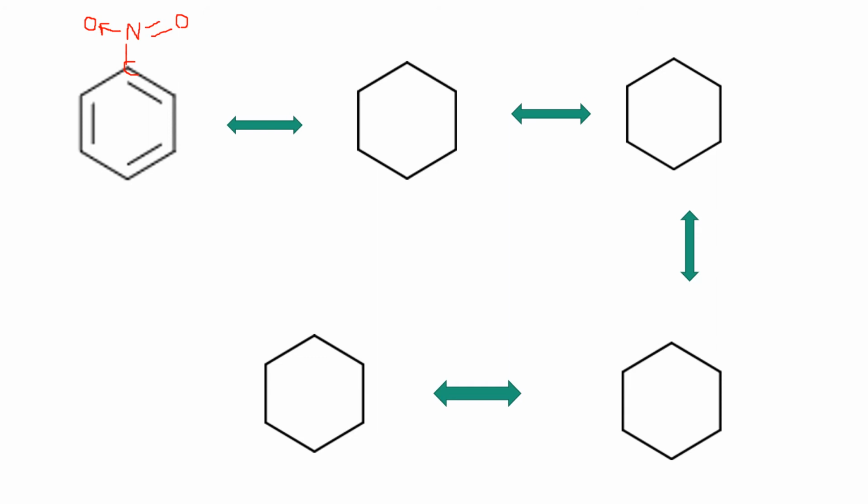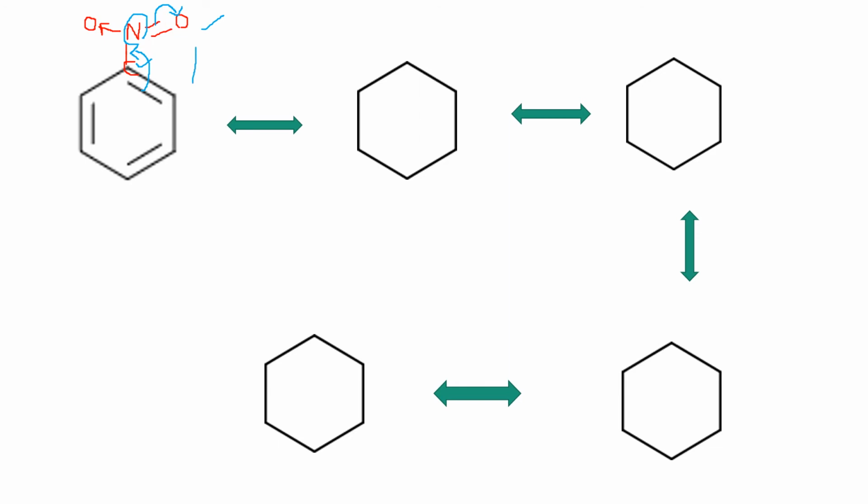So for that you have to see the atom which is attached to carbon of benzene, and further it is attached to which particular atom with a double bond. So this is nitrogen which is attached to carbon here and oxygen with a double bond here. So oxygen being more electronegative will definitely try to attract electron density on itself, and in that process benzene will start shifting the electrons like this towards nitrogen, right?